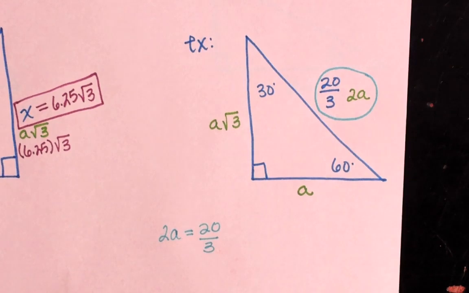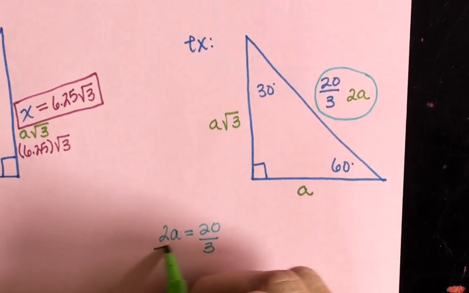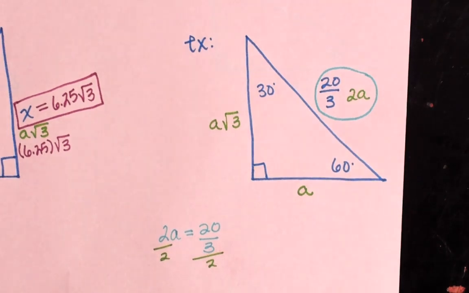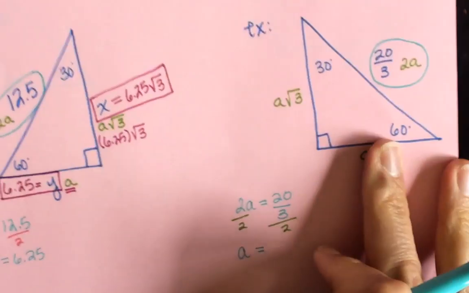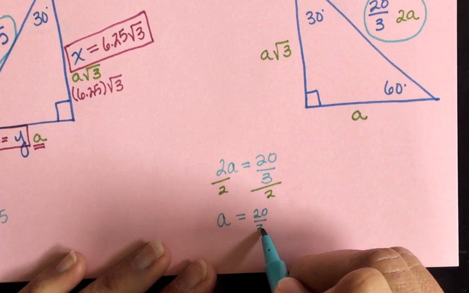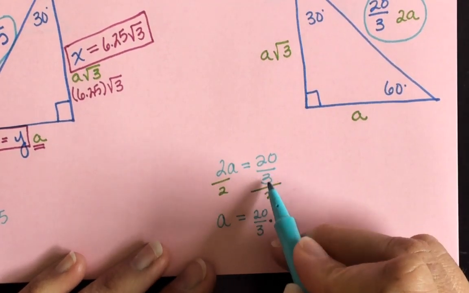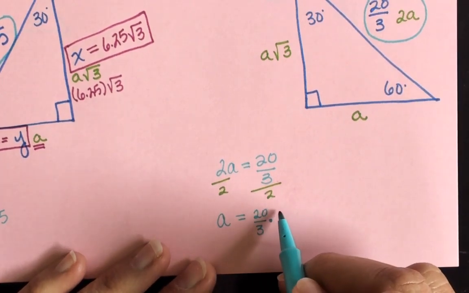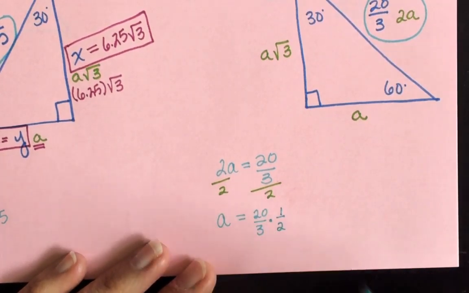Now we're going to divide both sides by 2. And if you don't remember, that's like saying we are going to multiply by the reciprocal. Now, again, I'm going to show it to you here. When I divide a fraction by a number, if we multiply by the reciprocal, it's like saying 1/2.